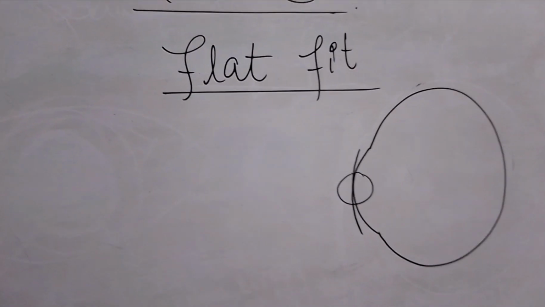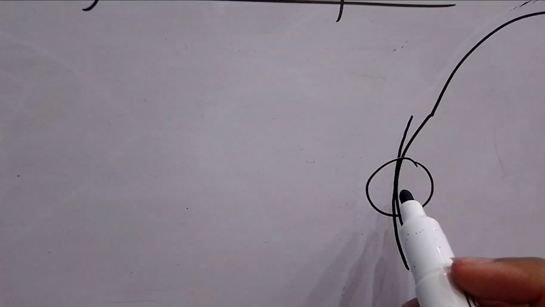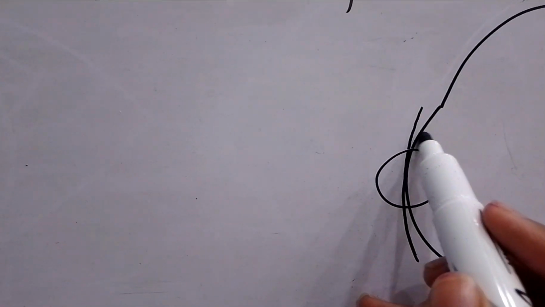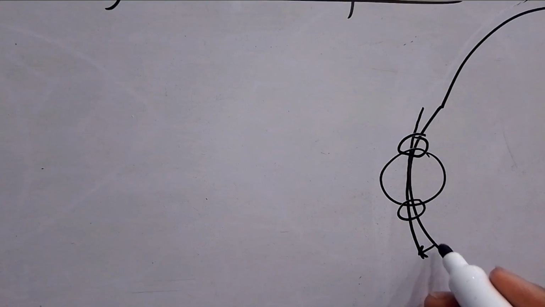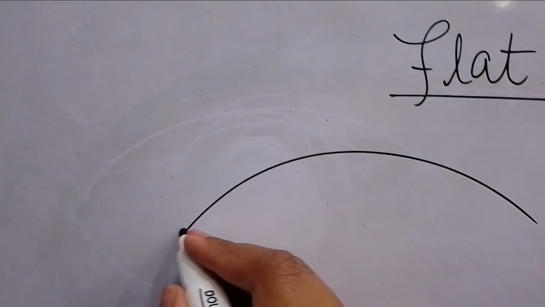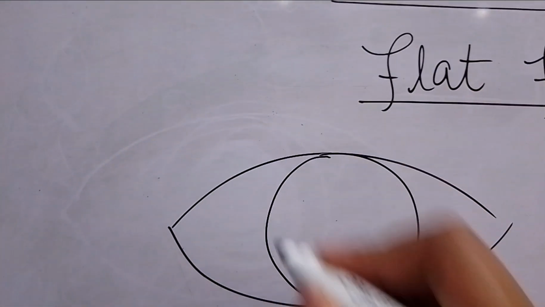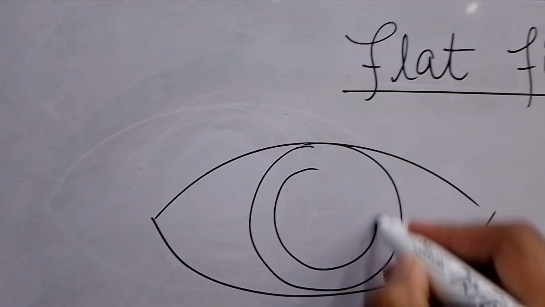So it means that the cornea is only touching the contact lens at one point, that is at the center. Now the mid peripheral touch is over there, and the edges are also not in touch. So how will the flat fit appear? This is the eye, this is the cornea, and this is the contact lens.